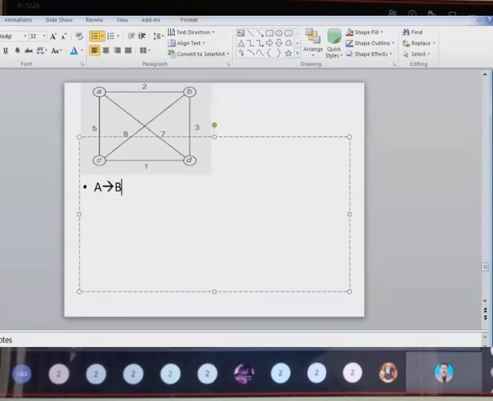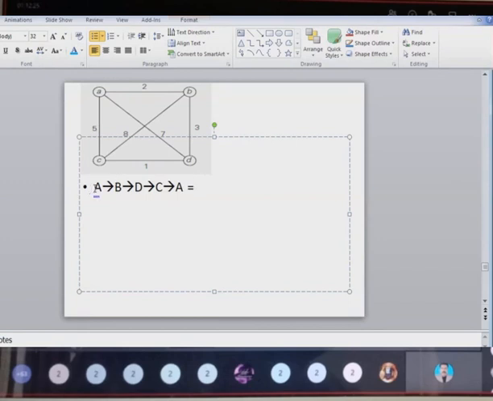From A he visits B, then D. From D, he visits C. Again from C, he goes back to the source A. Now the salesman visited all four cities A, B, D, C, and finally reached the same city A.